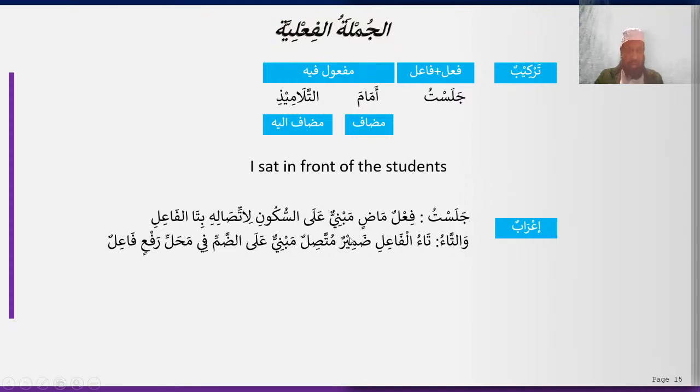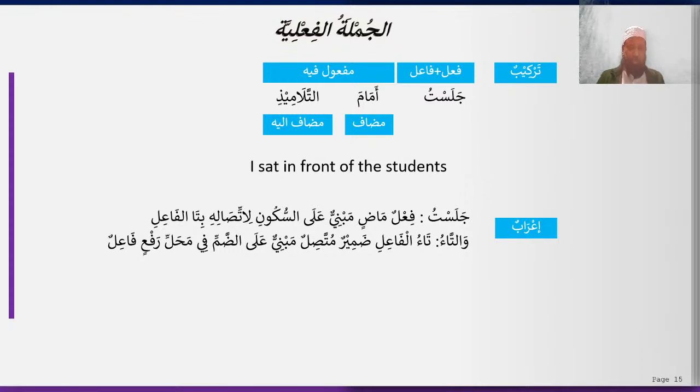It is a ضمير. What type of ضمير is it? Because we have two types of ضمير. One is ضمير متصل, attached. Another one is ضمير منفصل, detached. So this is attached. This ضمير, تاء الفاعل, is only used with فعل ماضي.